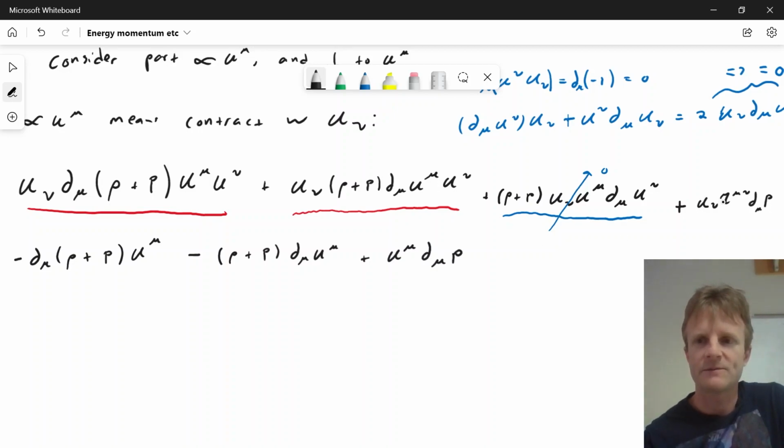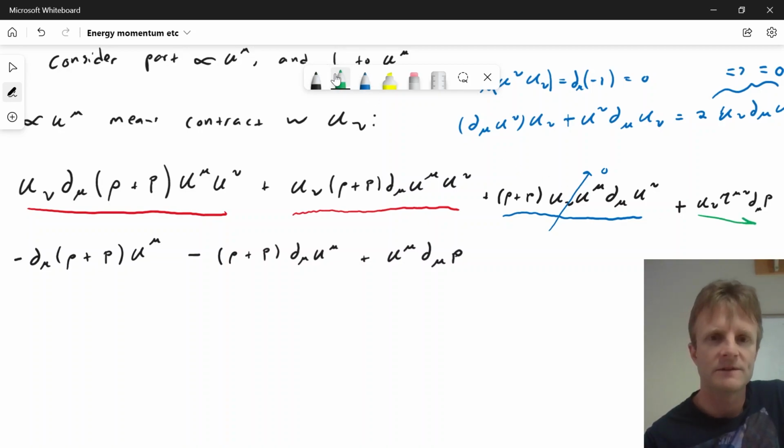So we look at this and we see that that just raised the index on mu: u^μ ∂_μ p, and minus u^μ ∂_μ p. This was the green term here. So we see there's a cancellation of this term and this term.